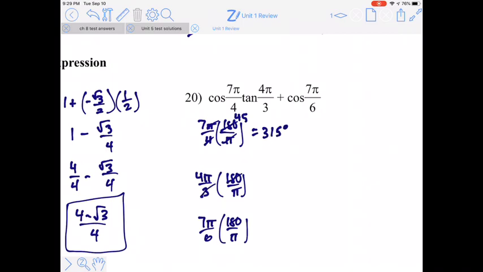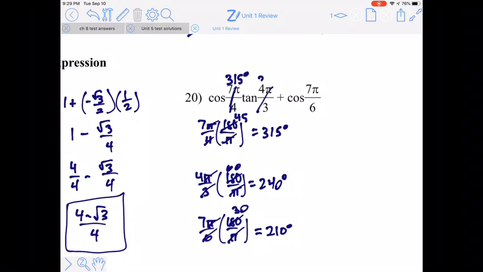And then 3 goes into 180 60 times, and 60 times 4 is 240. 6 goes into 180 30 times, so 7 times 30 is 210. So this is 315, 240, and 210.